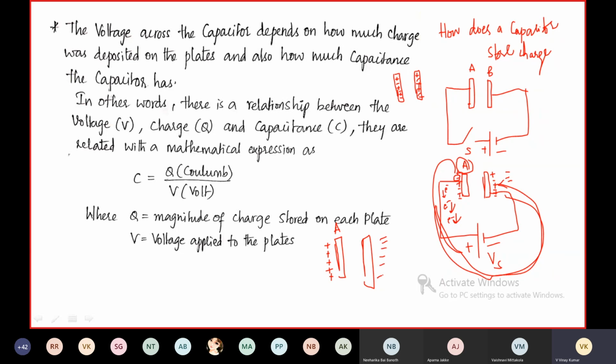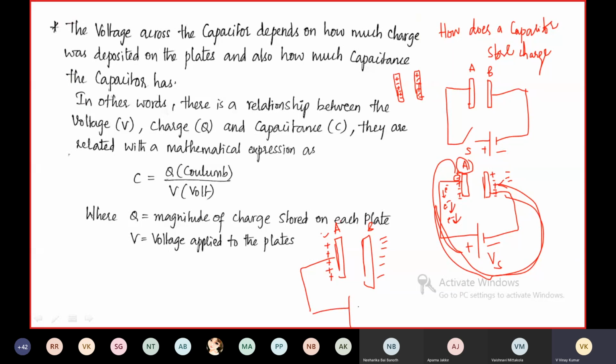So plate A gets charged with positive charge, and plate B becomes negatively charged.